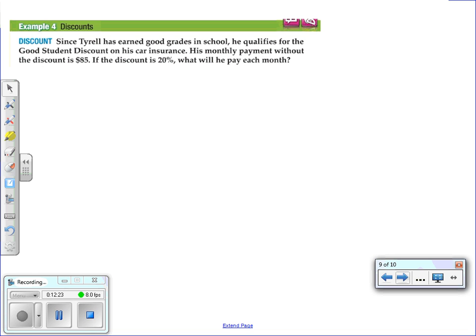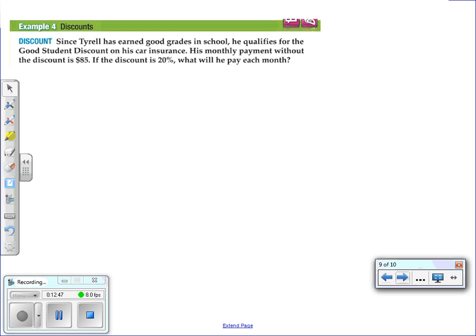Okay, now we're going to do discount on car insurance. Since Tyrell earned good grades in school, he qualifies for the good student discount on his car insurance. And actually, that is a real thing. So if you guys have good grades, you can get cheaper car insurance for your folks. His monthly payment without the discount is $85.